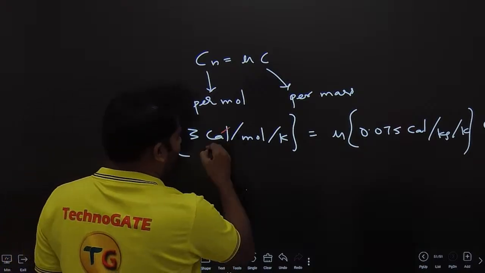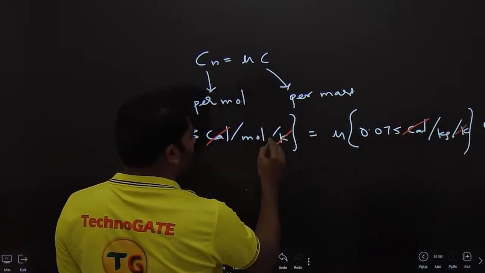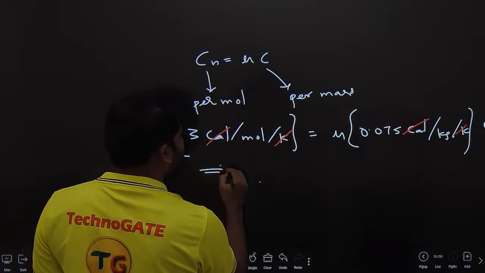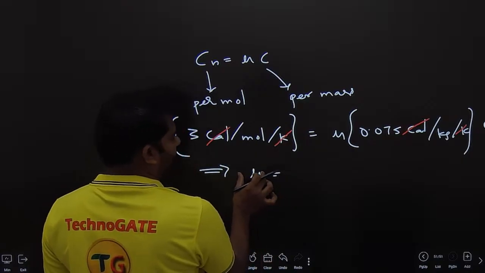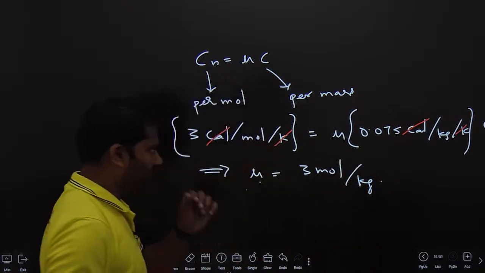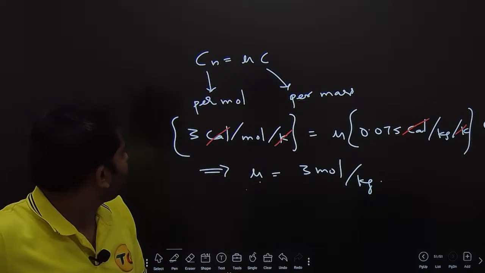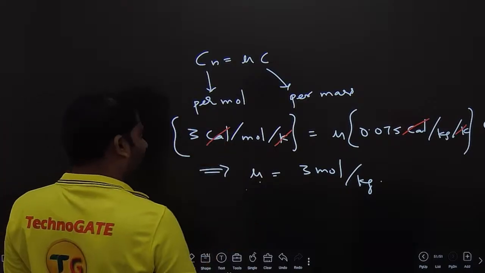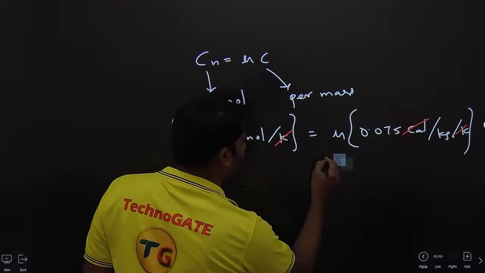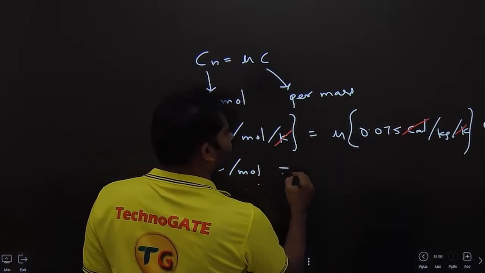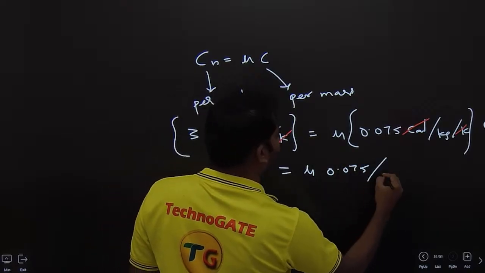So you see here, calorie same, Kelvin is same, mole is there, and here kg is there, SI units. So we are getting this particular molecular weight as 3 moles per kg. C_n is per mole. So 3 per mole is equal to mu into 0.075 per kg.